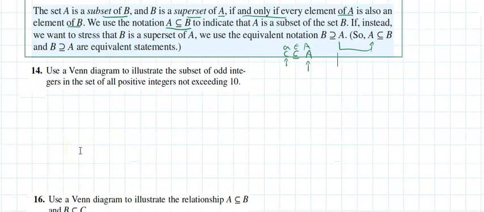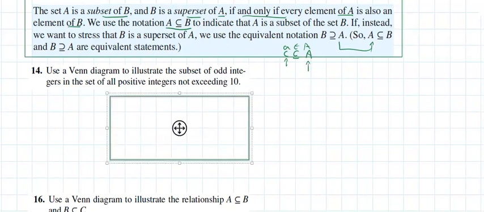So I want to look next at problem number 14 and start this analogy and see how it works. Okay, I did move it right there. All right, anytime you want to sketch a Venn diagram, not necessarily, but normally we do use a Venn diagram to illustrate the subset of odd integers.